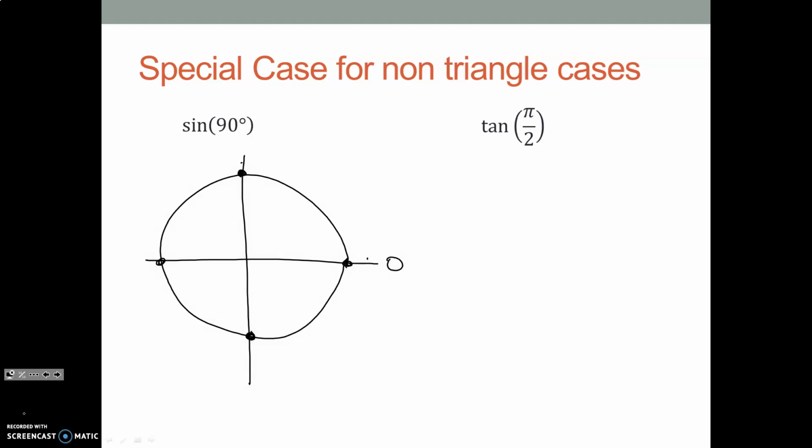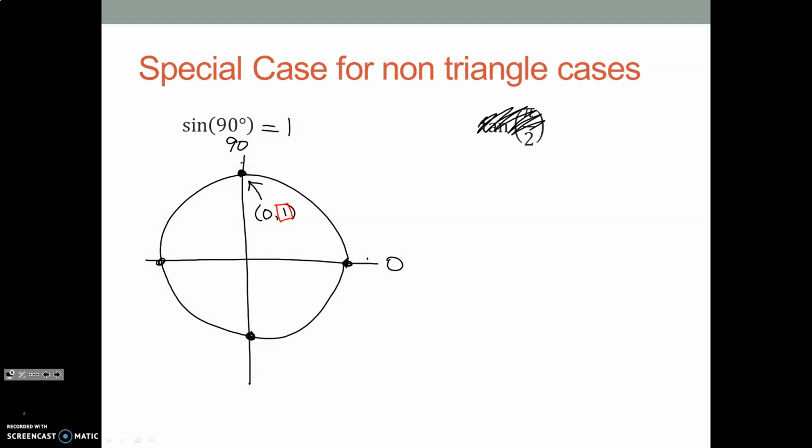This is 90 degrees right here. What point is that at? Well, this point right here would be the point 0, 1. So for your sine of 90 degrees, that just equals 1, because your sine values coordinate with the y value of the point. So sine of 90 degrees is just 1.